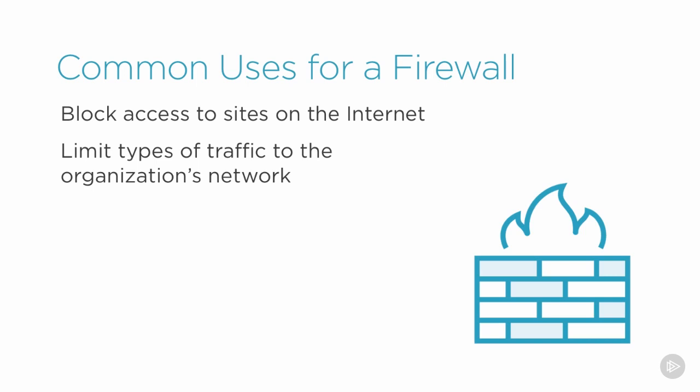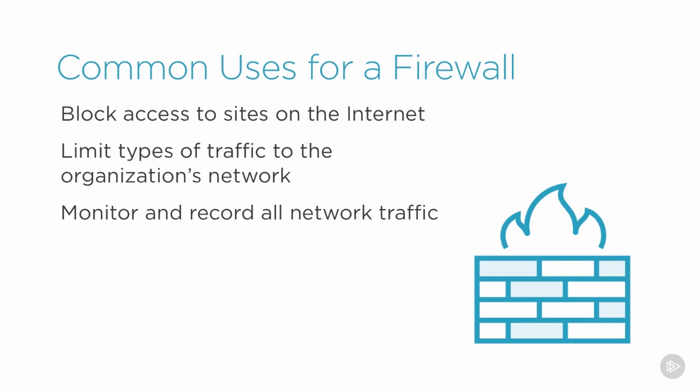Maybe my firewall is open on port 80. It'll allow HTTP traffic, but my firewall might be locked on port 25, on port 53, and some of these other ports used for mail, DNS, and other things where we quite simply say no, that we don't want traffic to come into our network through those doors, shall we say.